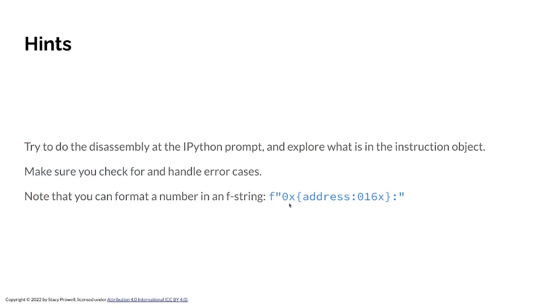F string 0x, and then here's my little opening and closing curly braces, and inside that I have an address. This will be a variable address, colon 016x. This looks for all the world like a printf format, right? And they're very similar. So this is the variable, colon, and then the format for it. And there you go.